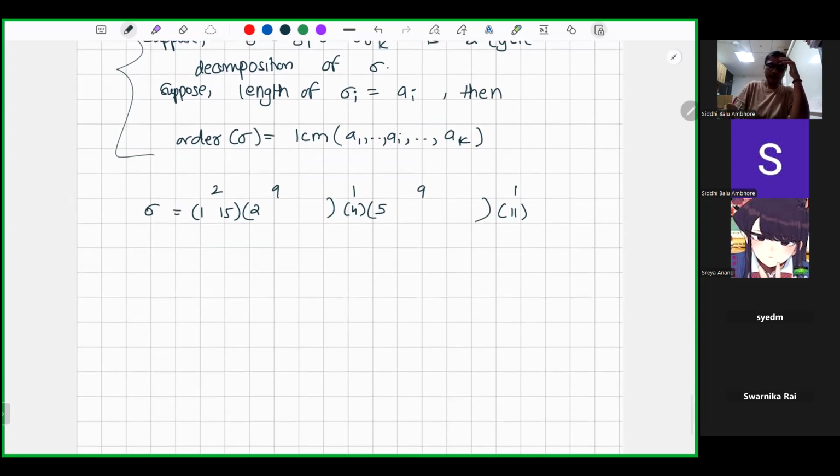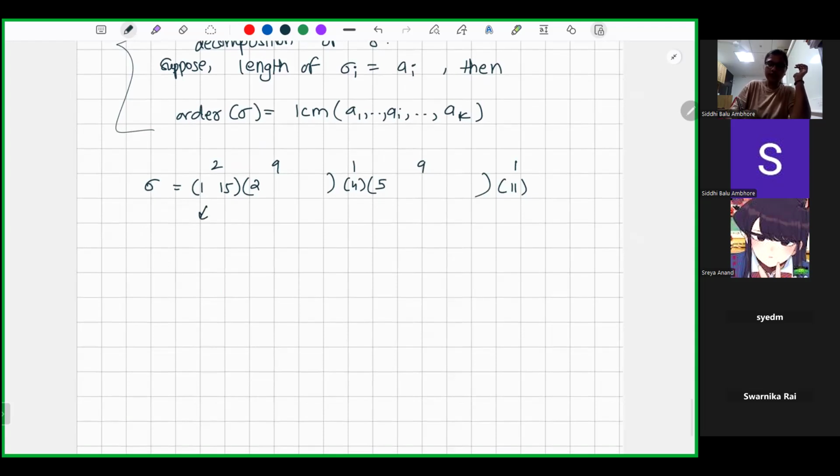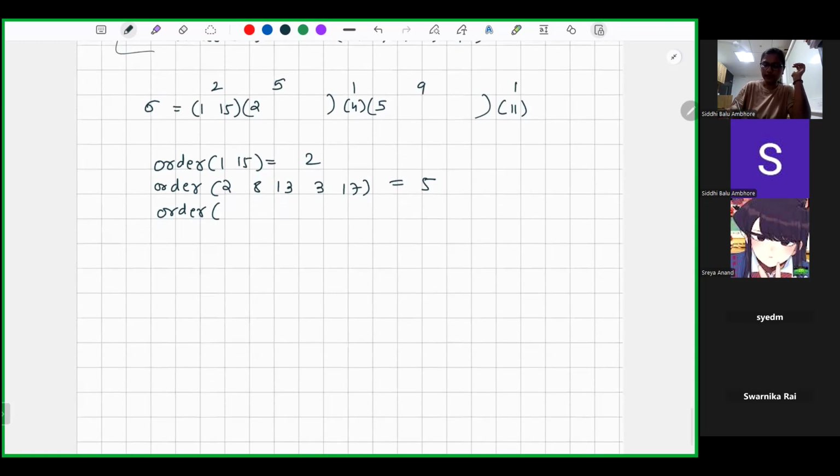So the LCM of sigma will be, each of them has an order: the order of (1 15) is 2, the order of this 5-cycle (2, 8, 13, 3, 17) is 5, the order of 4 is 1, right?